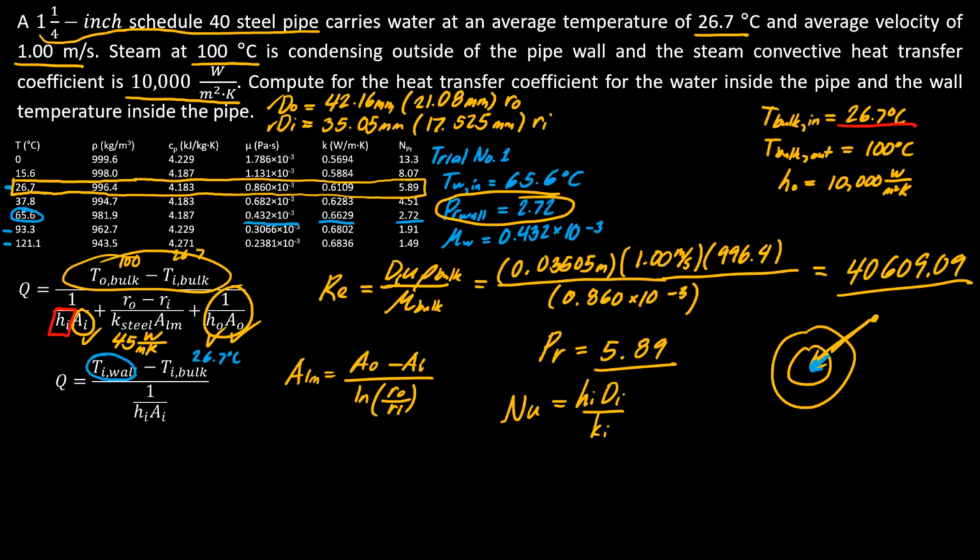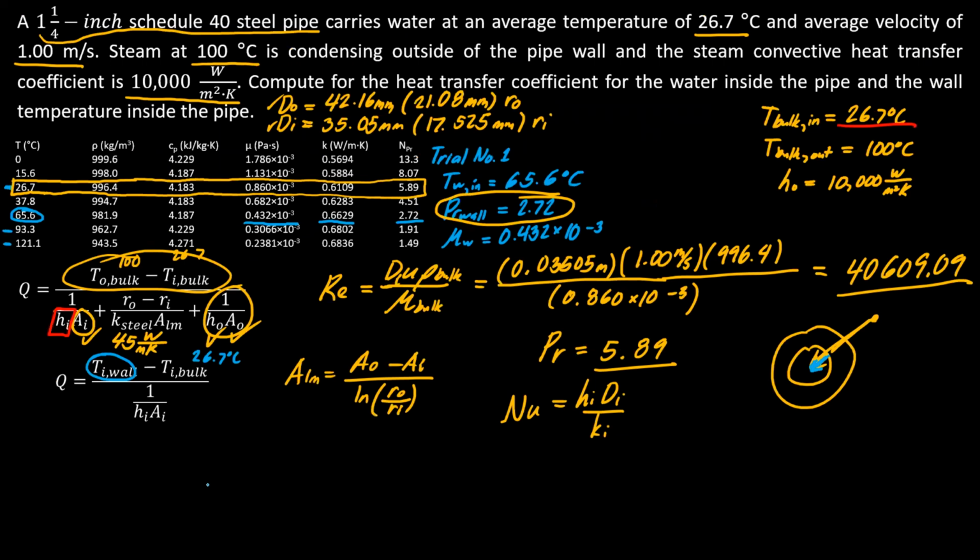It doesn't change. Velocity doesn't change. Bulk temperature is already fixed. Also, the dynamic viscosity at bulk temperature of the water side. So this is still our Reynolds number. Basically, our log mean area, same. Prandtl's number at bulk temperature is the same.